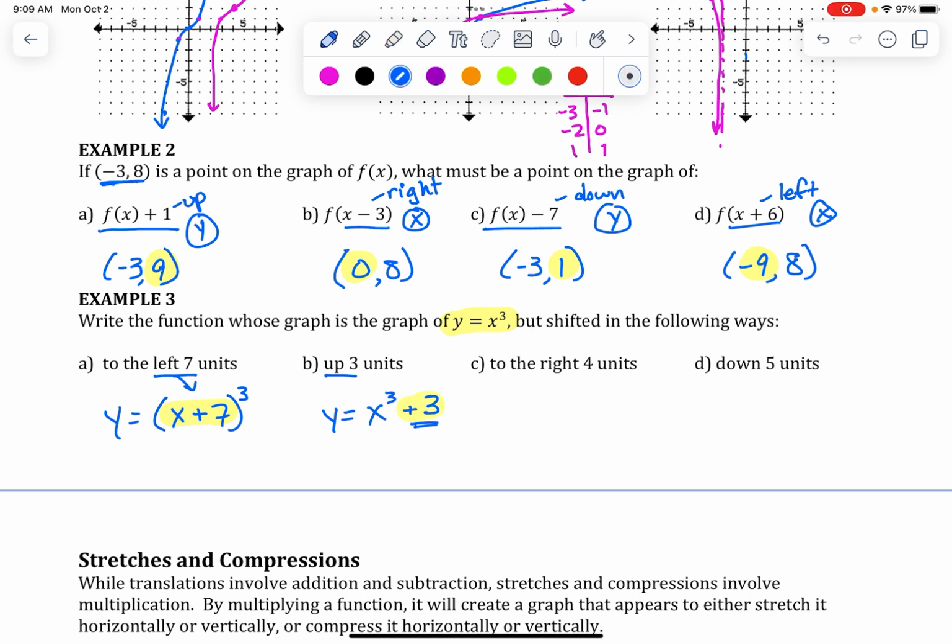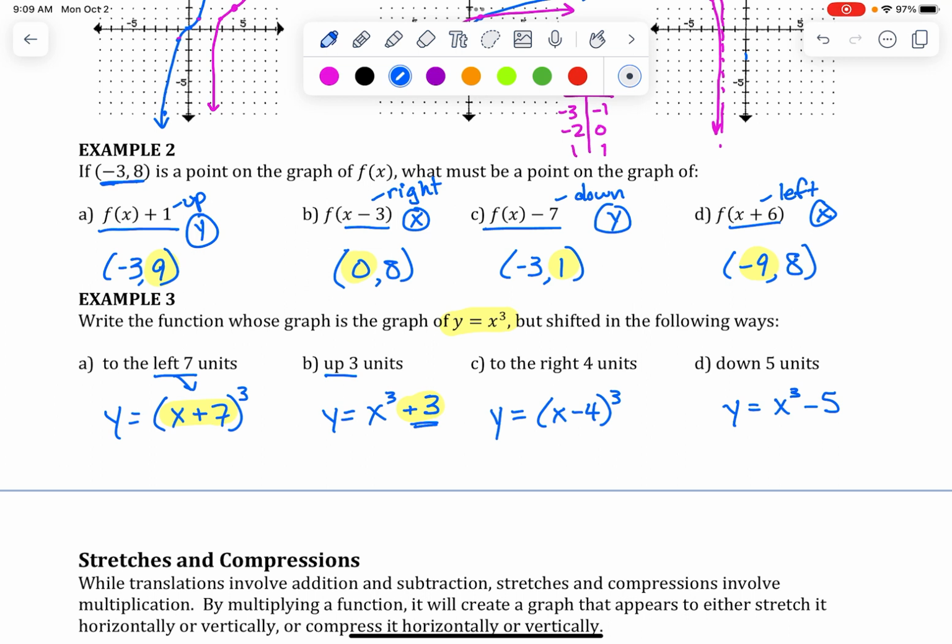And then just to push these examples further, if you have it to the right, that's going to make (x - 4) cubed, and down 5 is going to make it x cubed minus 5. All right, so just make sure you're familiar with how the examples are written and where the parentheses go. But I think it's pretty straightforward from a horizontal translation and vertical translation standpoint.